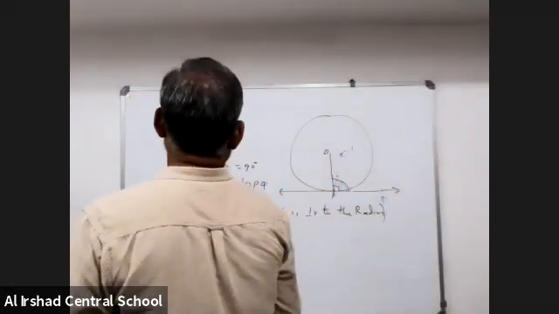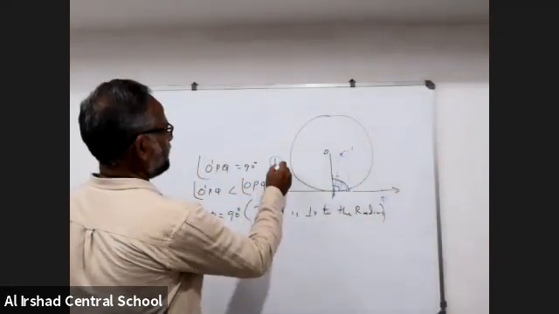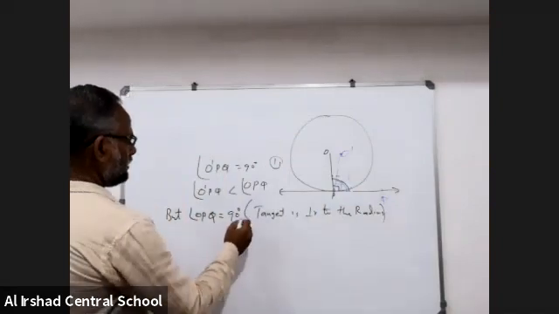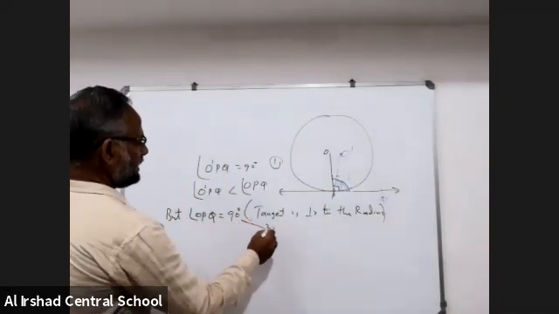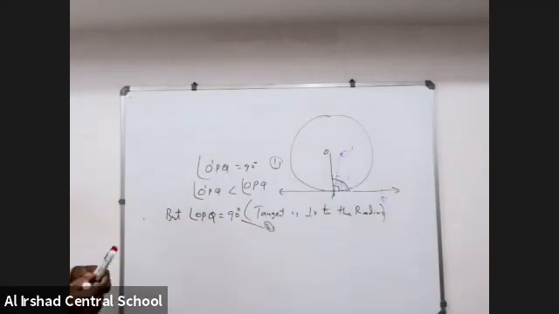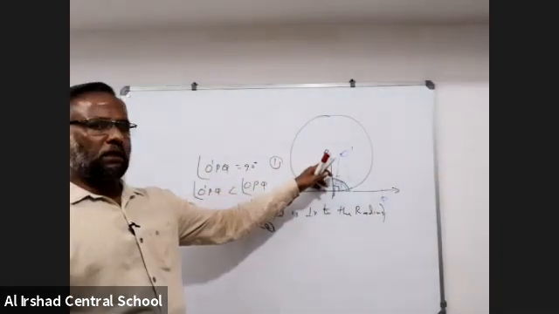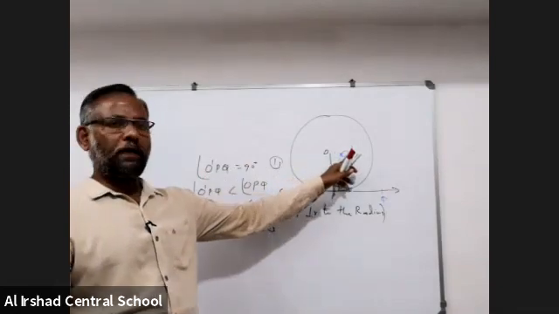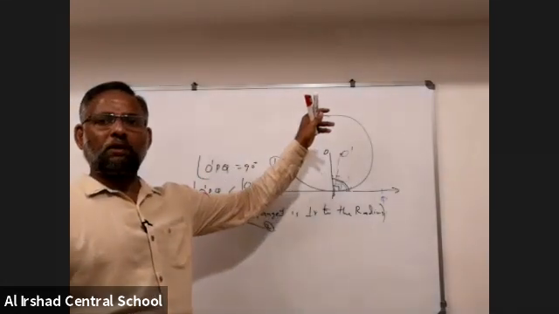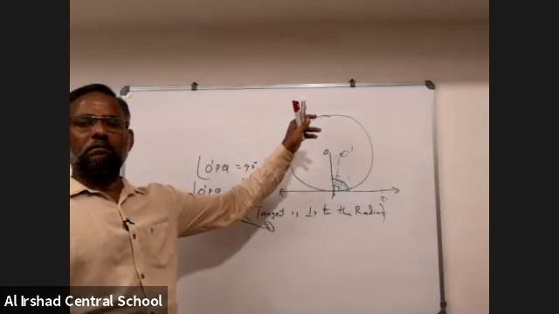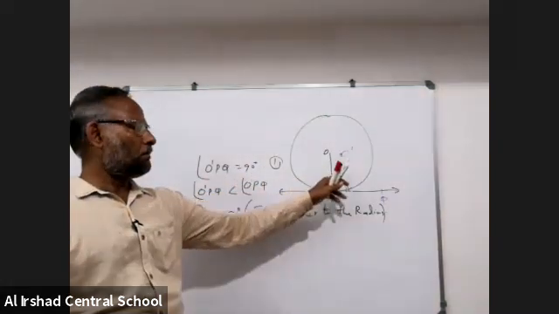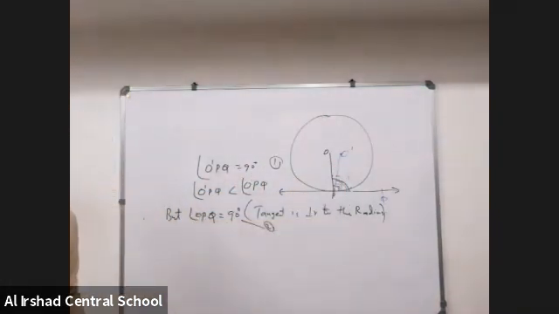Here, O dash PQ is 90 degree first. Here, this is 90 degree. What we are assuming here is that it is not passing through the center. It is passing through O dash. We know the line segment from the center. Okay. That will be 90 degree.